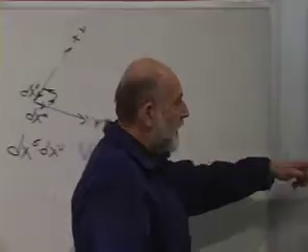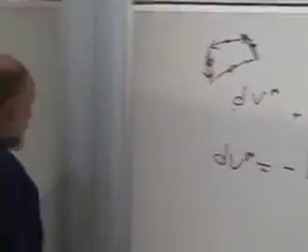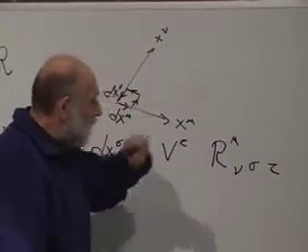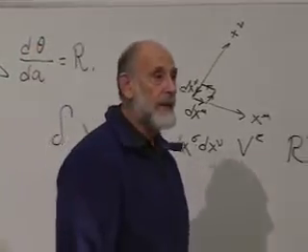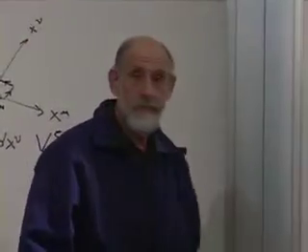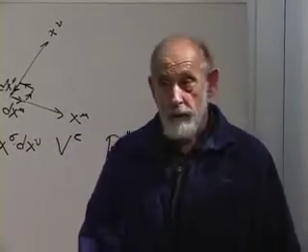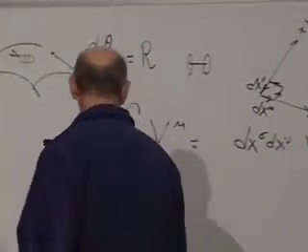The change in V will always be proportional to V itself. So even when you go around the closed loop, it's going to be proportional to V itself. And what would you expect R to be made out of? From what I just told you, the derivatives of the Christoffel symbol are going to enter into R.